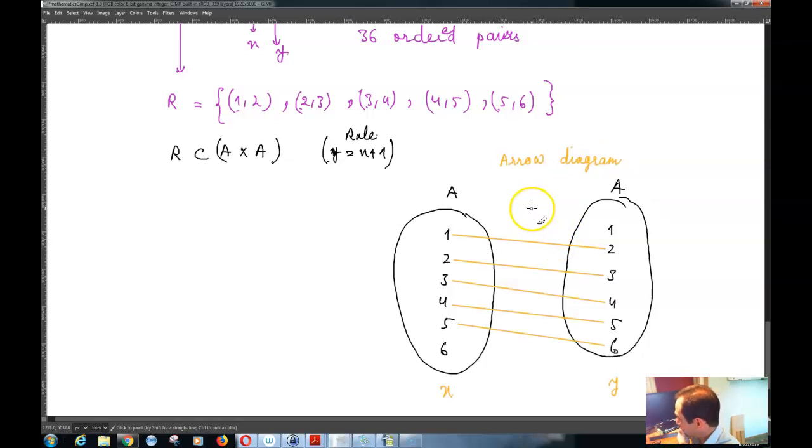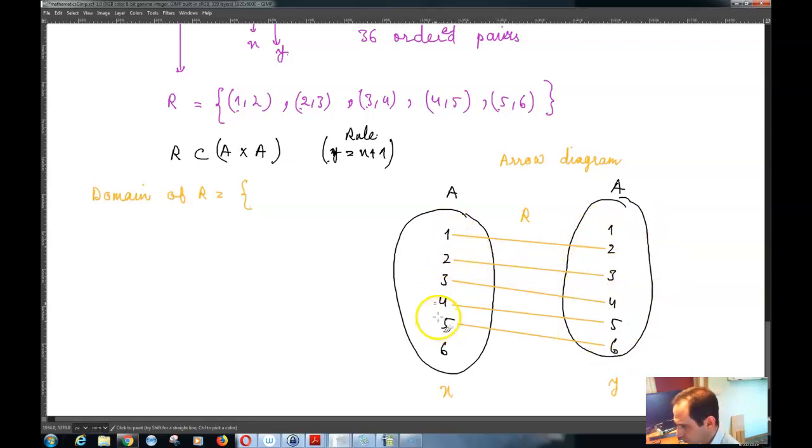Now write down the domain, codomain and the range of R. This relation is called R. The domain of R is basically the set of all of these elements in the first set that are connected to elements in the second set.